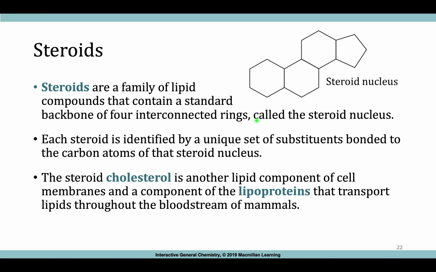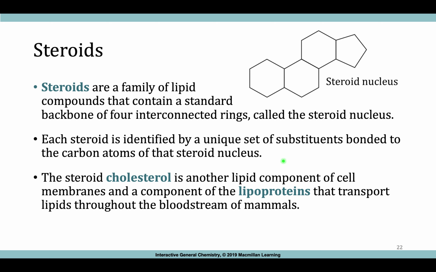And finally, the last classification of lipids, again, this might not look like a lipid, but I'll show you why it is, are steroids. Or not the last, but one of the last ones. Steroids share this ring structure, 6, 6, 6, 5. If you see what we call the nucleus of the steroid structure, this 6, 6, 6, 5, you should know that that's a steroid type molecule.